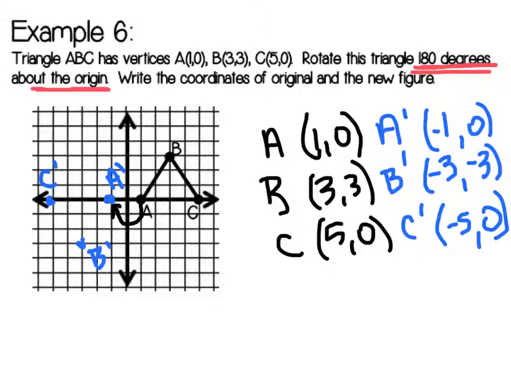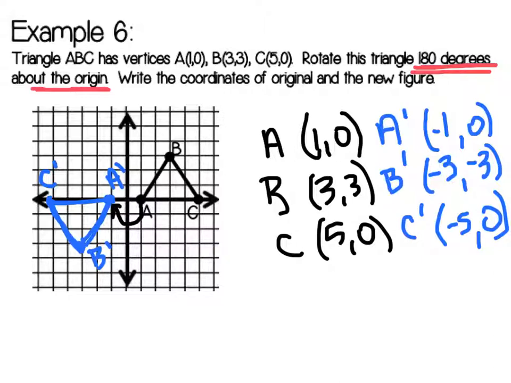Now we're going to connect our points, the image of A, B, and C. This rotation is the same size, so our triangle is the same size, but it has turned upside down. So it preserves the size, it's congruent, but it does not have the same orientation. Now, if you take a look at the ordered pairs, we had 1, 0, that changed to -1, 0. We had 3, 3, that changed to -3, -3.